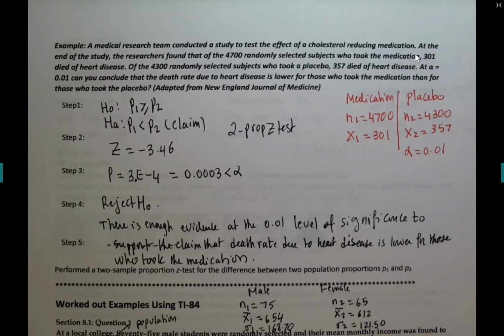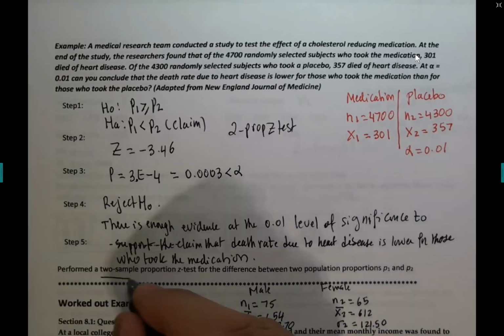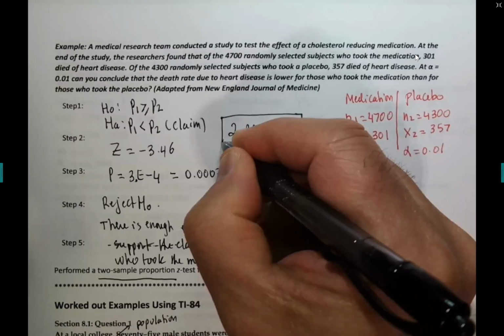So in summary, for section 8.4, perform a two-sample proportion z-test for the difference between two population proportions P1 and P2. There's only one test, guys. It's called two-prop z-test. That's the test. Any questions?